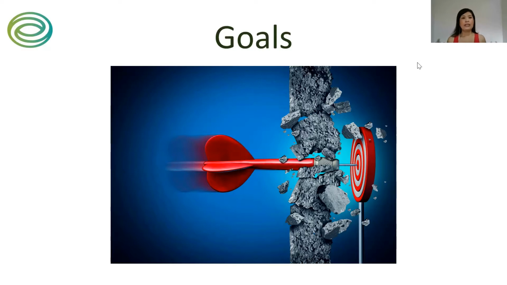As coaches, we use NLP to identify patterns and programs that people have. What I'm going to bring you through is essentially a process, a technique that we have called the future goal.